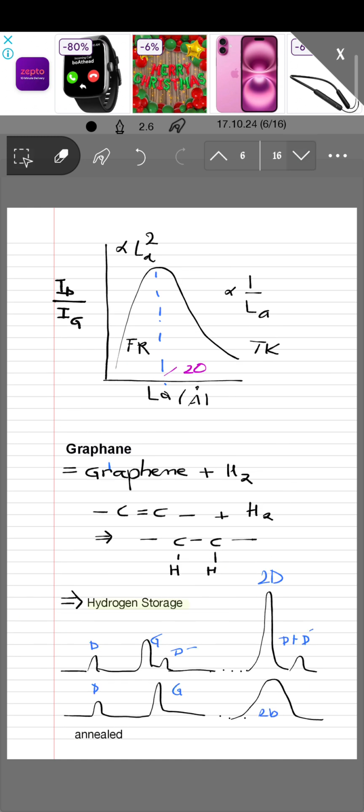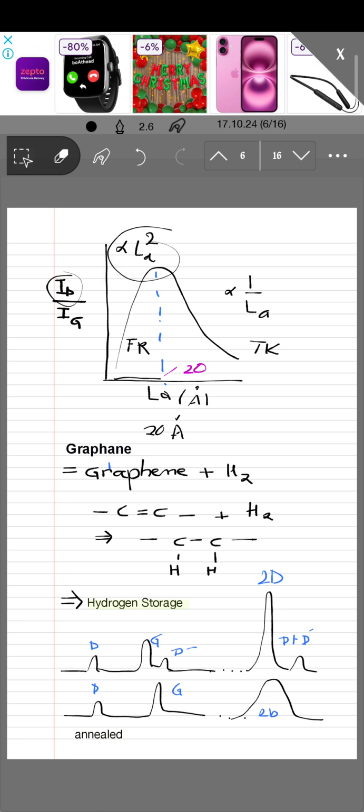Here you can see, if the crystallite size is less than 20 angstrom, that means in the nascent stage, then the ID by IG ratio will be proportional to L squared. So in this case, the increase in crystallite size will indicate that there will be an increase in the G band, and in the D band, the disorder will be higher.